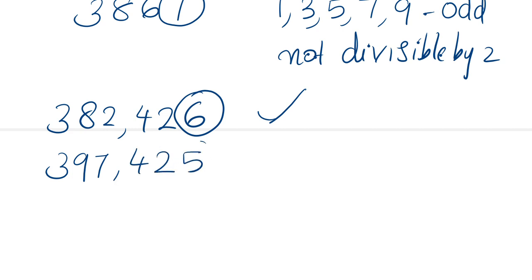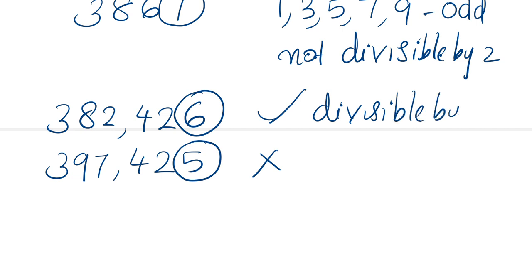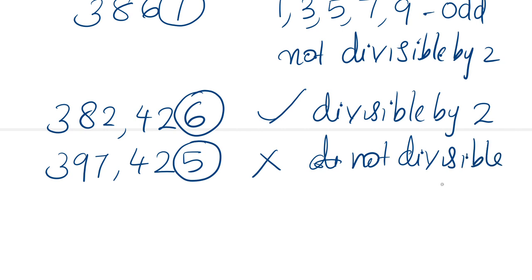Just check the ones place digit. It is 5, so this one is an odd number, so it is not divisible by 2. So the first one is divisible by 2 since it is an even number. The second one is not divisible by 2. Why? This is an odd number.